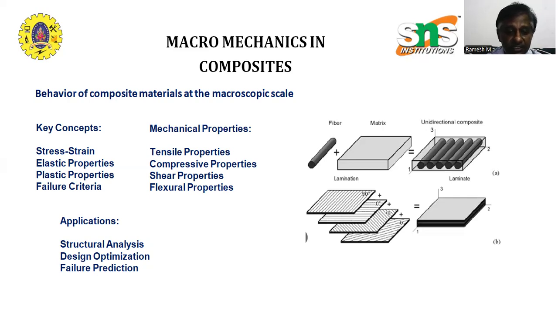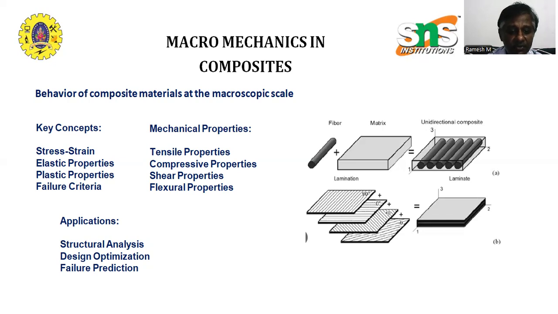Then first order shear deformation theory accounts for shear deformation in the laminate composites, including the shear strain and the shear stress. Generally, it is used to have more accuracy to predict the composite behavior, compared to the second order and third order shear deformation theories. But we are using only this first order shear deformation theory.